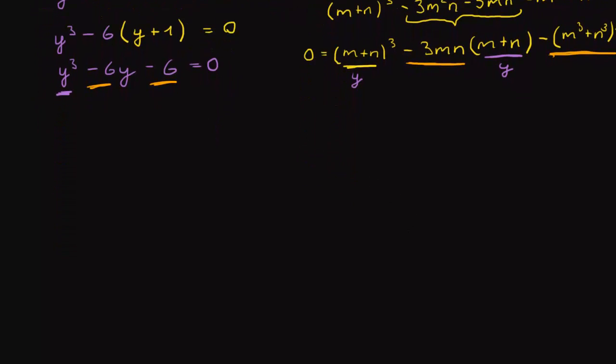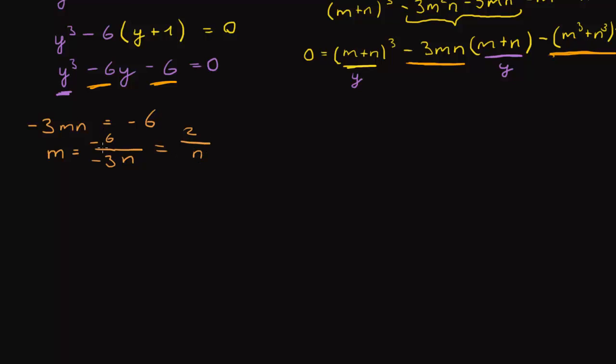So we can write the equation negative 3mn is equal to negative 6. Right? So we could solve this for m. We have negative 6 over negative 3 over n, which is equal to 2 over n.